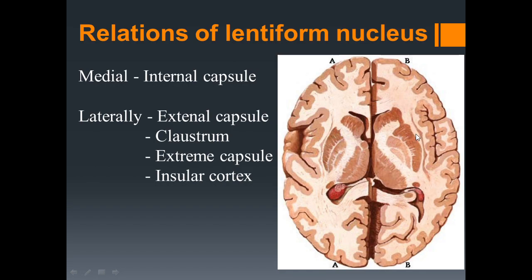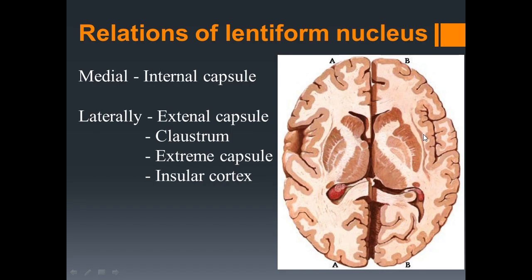Still lateral to the external capsule, you can see a thin band of grey matter. So this thin band of grey matter is called as claustrum. Lateral to the claustrum, again there are white fibers. This is a bundle of white fibers, called as extreme capsule.